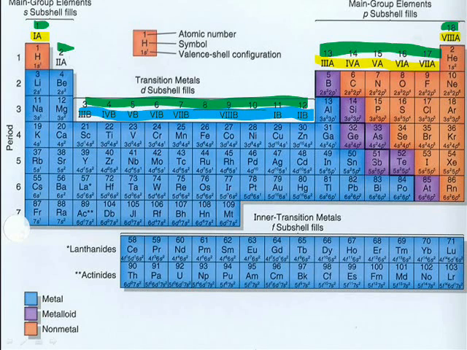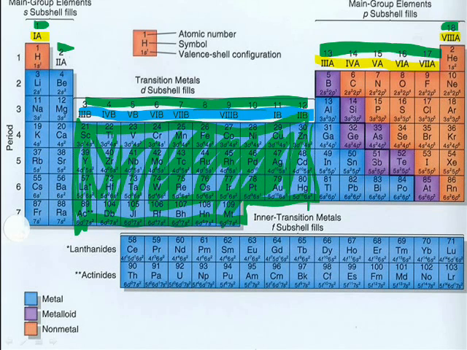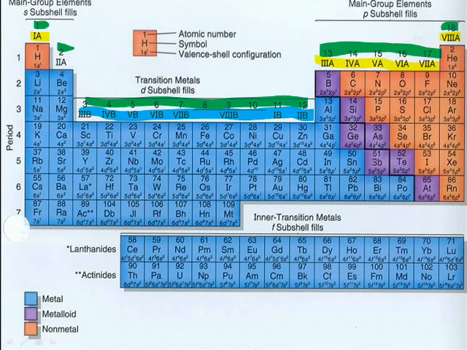And I really think the 1 through 8, the Roman numerals, really are the easier way to understand things when we first begin. But as you can see, the B's, these are the transition elements. Okay, these are all the transition elements right here. They're the B's. They B, transition. Now, all these A's, where the yellow highlight is, are representative, and it's really the representative that we're mostly going to spend time with.